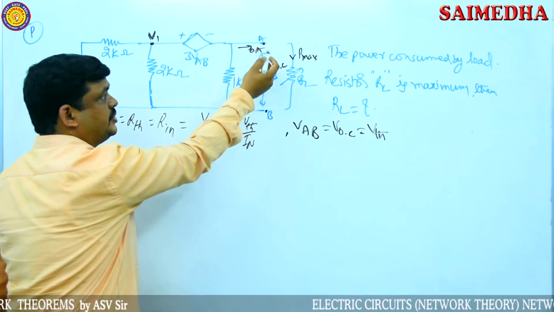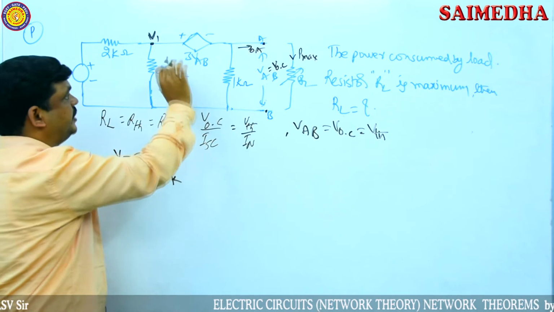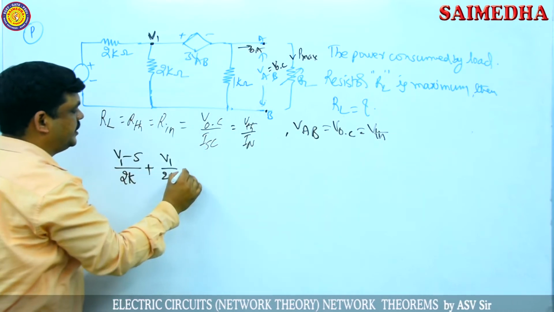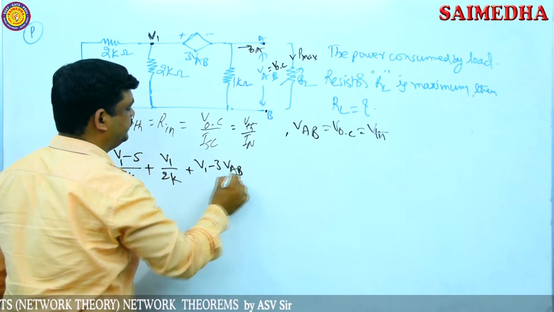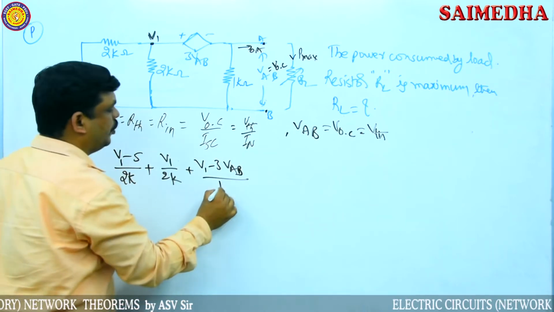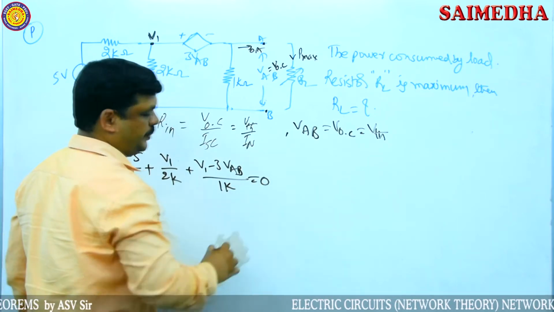So the current through this path is 0, and these two are in series combination. So the current through this branch is V1 minus 3 VAB by 1K, equal to 0.